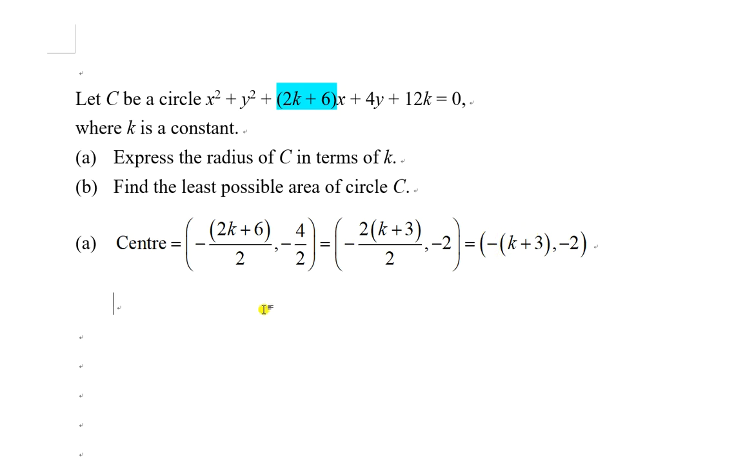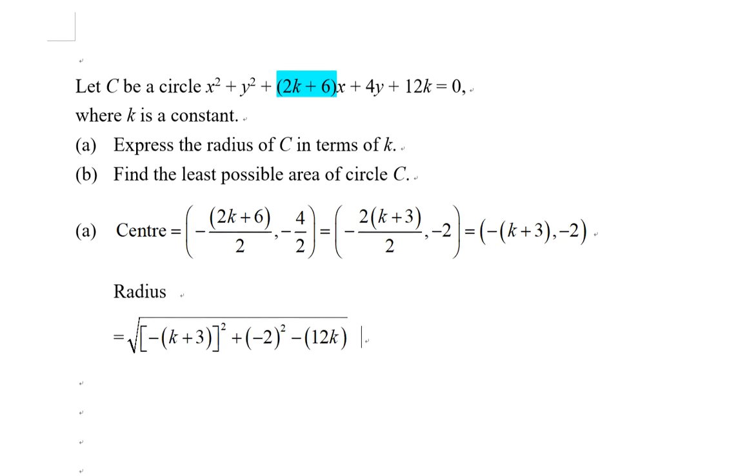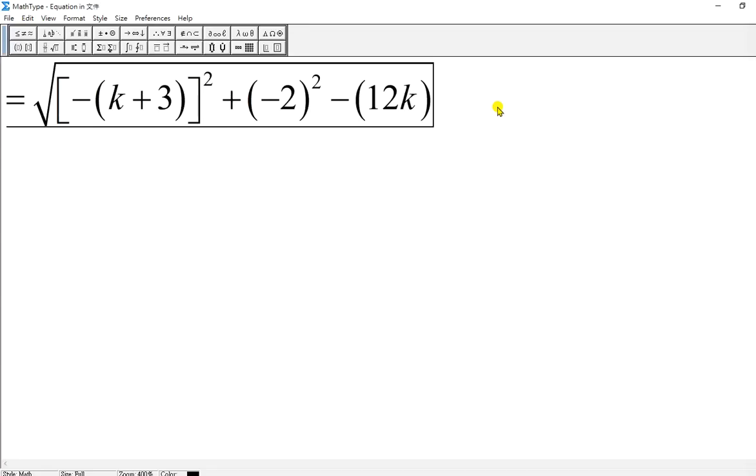You get the coordinates of the center, then you can find the radius. The radius is the square root of the square of the x coordinate of the center plus the square of the y coordinate of the center minus the constant term. So let's look at how to simplify this.